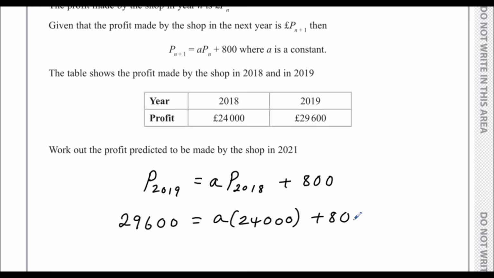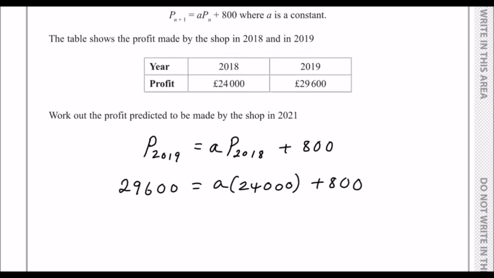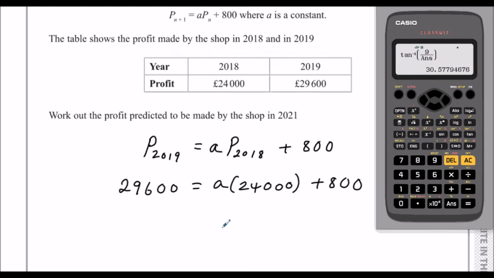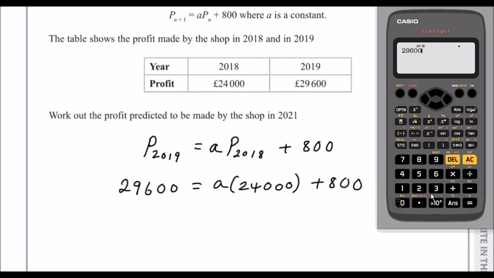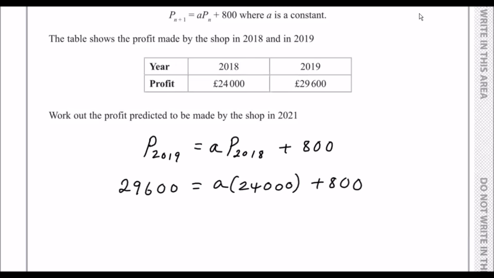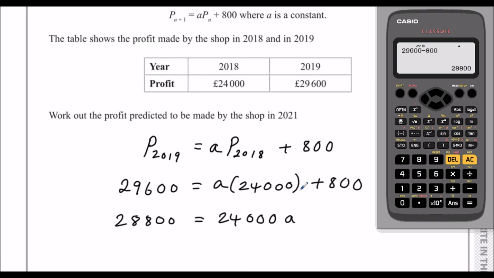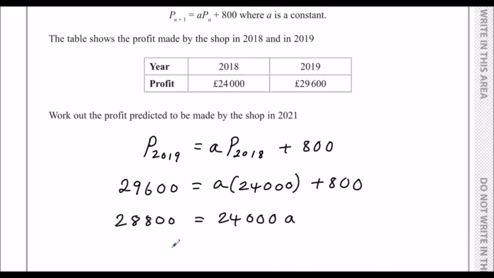So we can work out A. Take 800 away from both sides, which is 28,800. So that is 24,000 A's, divide by 24,000. So A is 1.2.